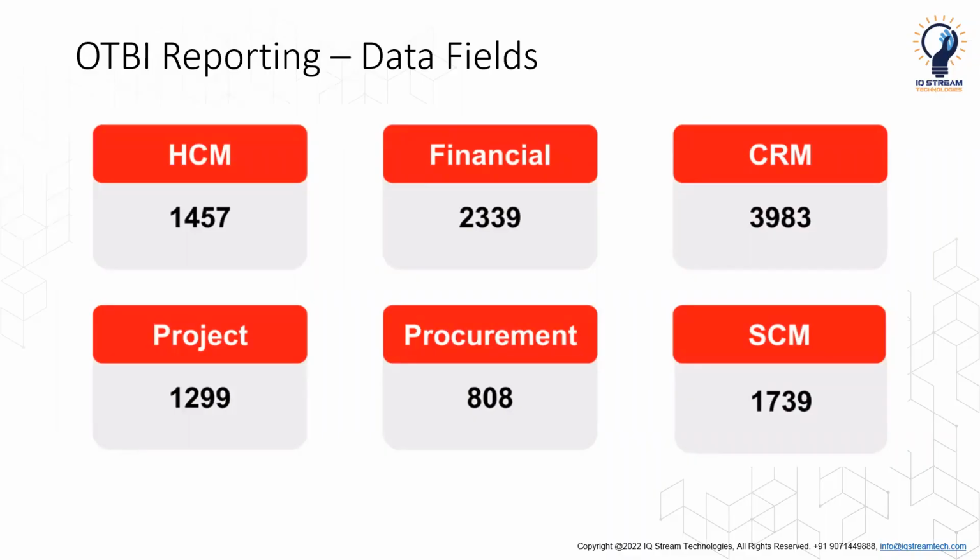This number might have increased by now, because Oracle is continuously updating its OTBI area. With every update, you will see many fields and features coming in. Just to give you an overview, so many data fields are shared by Oracle for end users to create a report.